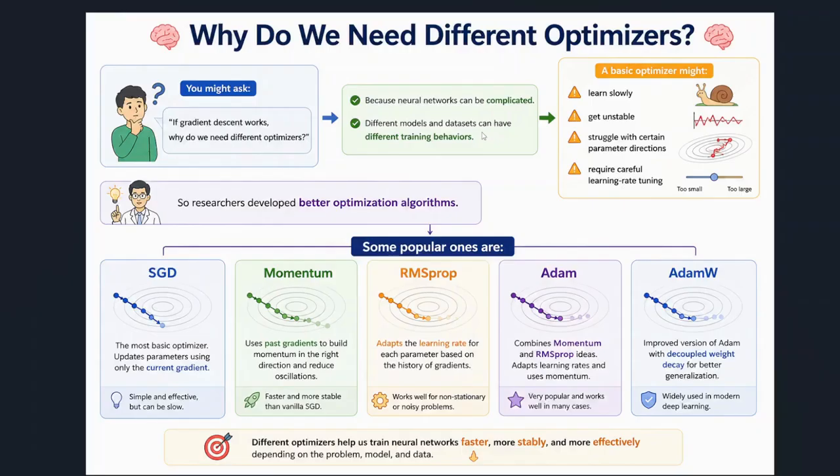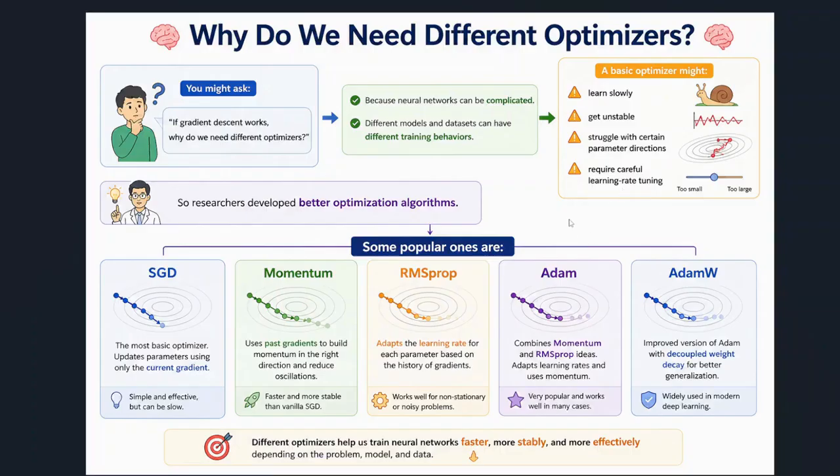You can have multiple, different datasets, and every dataset will have its own behavior, not the same behavior. So a basic optimizer might learn slowly, get unstable, struggle with certain parameters and directions, or require careful learning rate tuning, right?